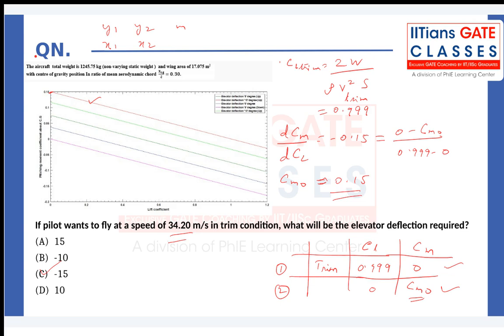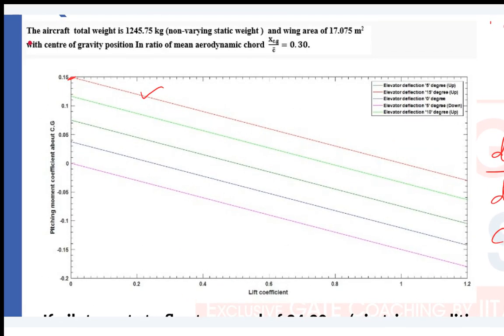Now, CM naught for the red line is 0.15. For the green line it is something between that, so 0.14. For the dark green line it is here, and for the pink line it is 0. So we got CM naught as 0.15, and the correct line of CM versus CL is the red line. Is that clear?